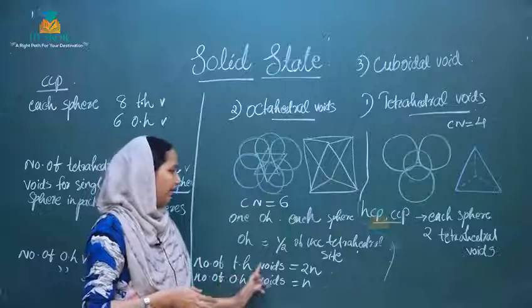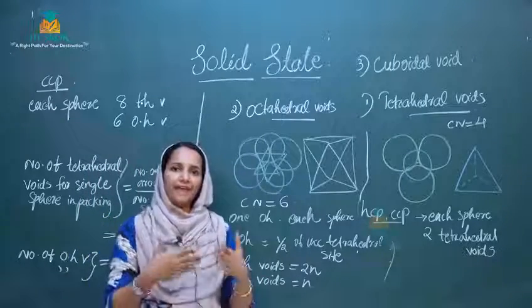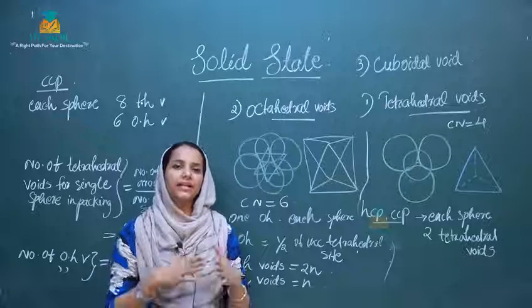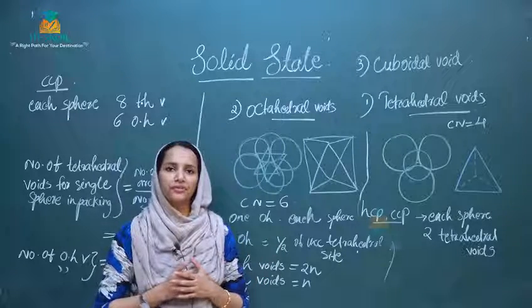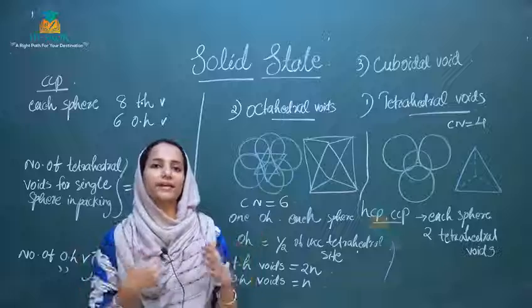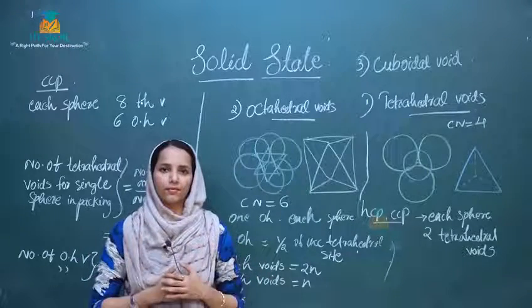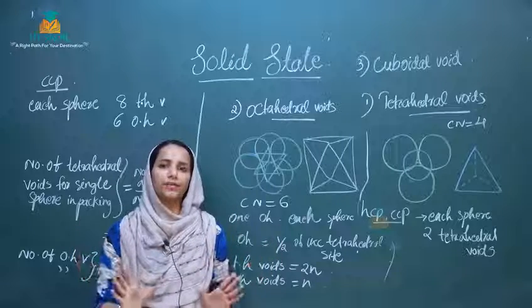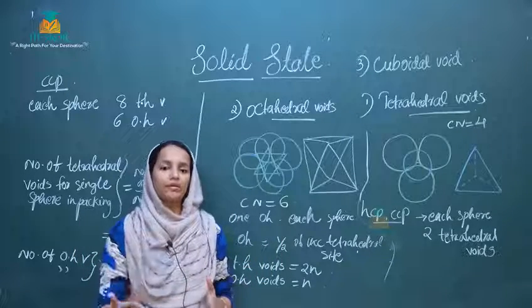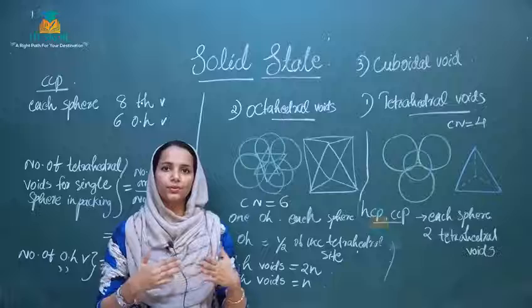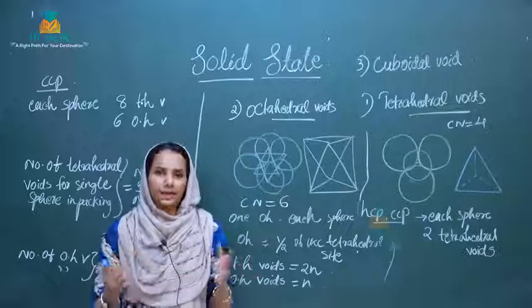If n is the number of spheres, how many tetrahedral voids do we have? It is 2n, because each sphere has 2 tetrahedral voids. What about the number of octahedral voids?